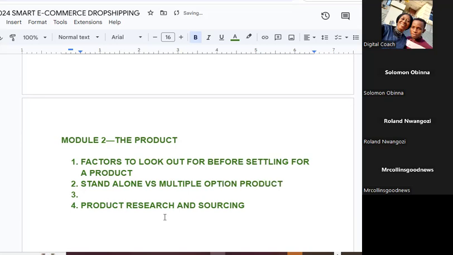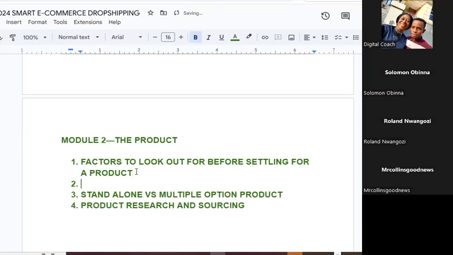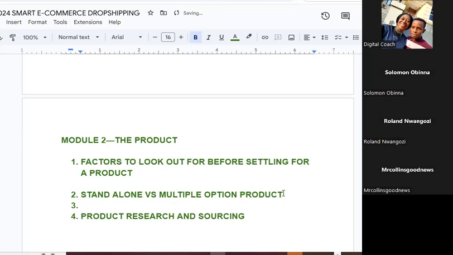The next thing is product sourcing. The fourth thing we're going to look at is supplier negotiation.